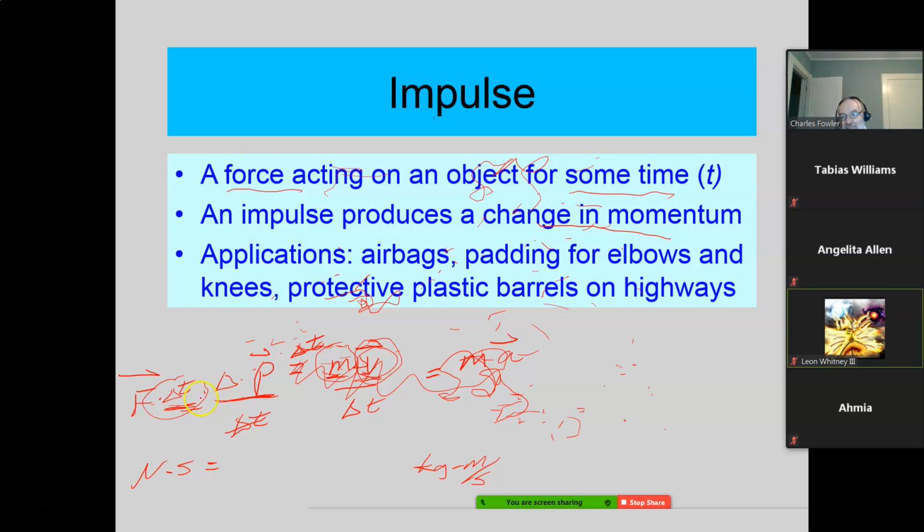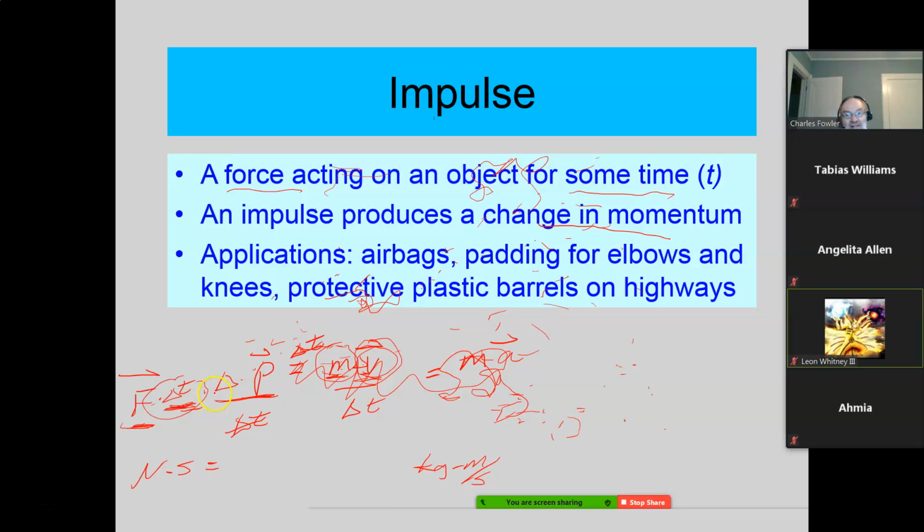So now the time interval over which it took you to stop is much, much longer. Maybe even, rather than a tenth of a second, maybe 5 seconds. So that's a 50-fold increase in your time interval. That's a 50-fold decrease in the force. Suddenly things were getting a lot better.